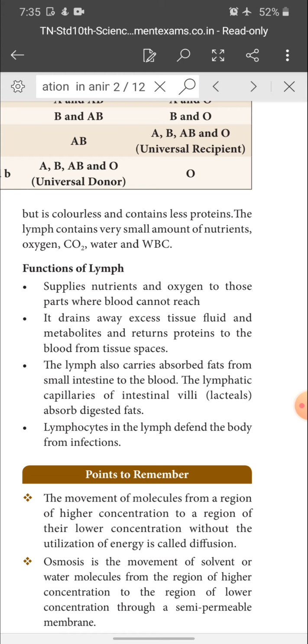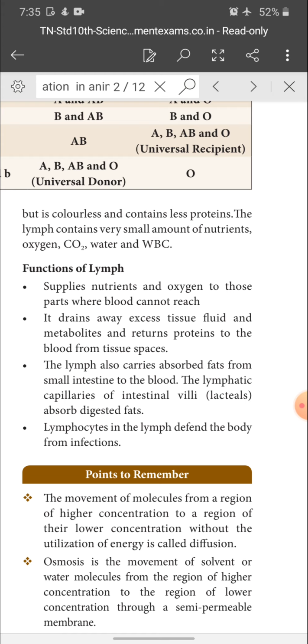Okay children, the lesson is over with this topic. What we have discussed in this lesson are transportation in plants and circulation in animals. In transportation in plants, we discussed the different types of transportation like diffusion, active transport, osmosis, imbibition, and the pathway of absorption of water.